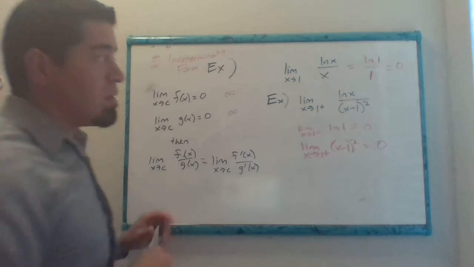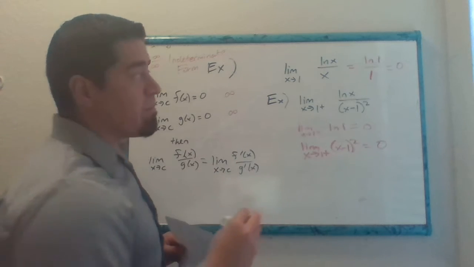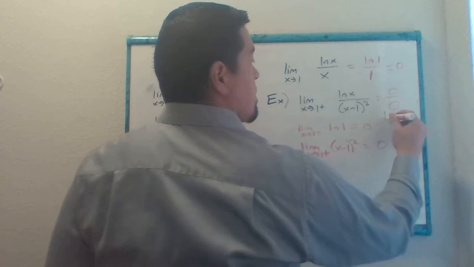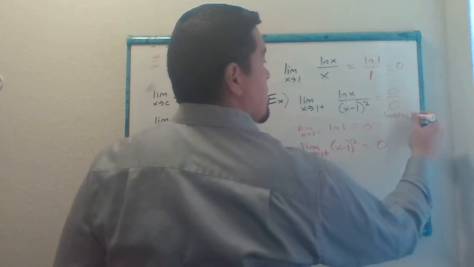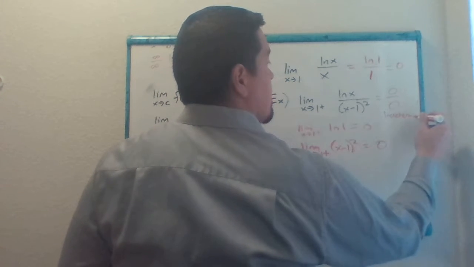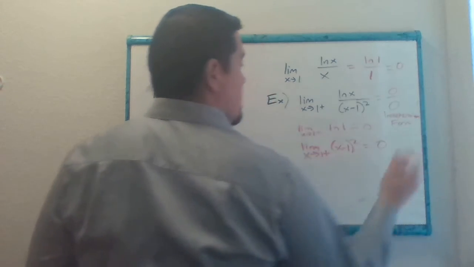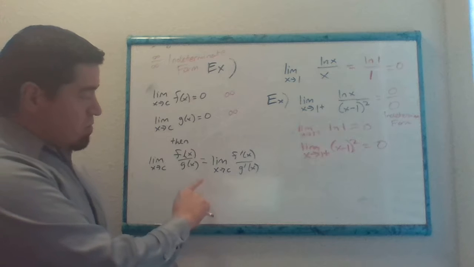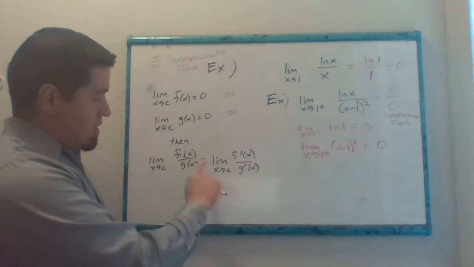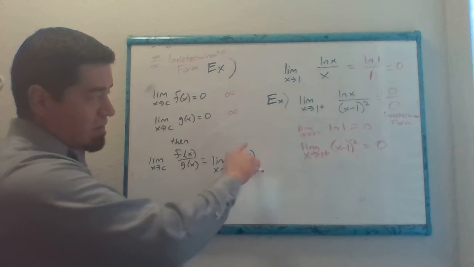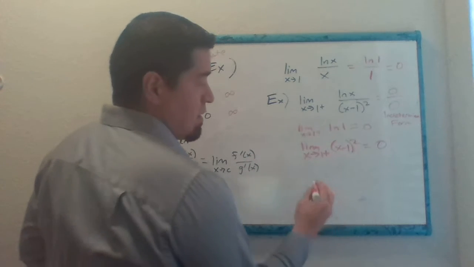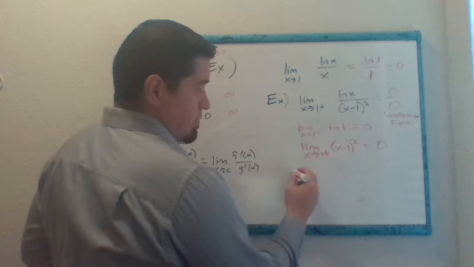Okay, so this is an indeterminate form. Okay, I have a 0 over 0 indeterminate form. So that means I could apply L'Hopital's rule, which tells me to find this limit, I can take the derivative of the top, f of x, and then the derivative of the bottom and then take that limit. Okay, so let's try it out.